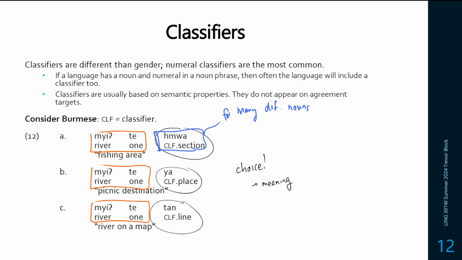Maybe there's some meaning there that the language has, but classifiers don't have to work with every noun if the meaning doesn't make sense, and the nouns aren't picking specific meanings that have to be there. So with agreement and gender, the noun says, I want this particular gender, it has to appear. While with classifiers, they're saying, if I want to refine the meaning, I'm going to need this classifier, but there's no specific classifier that I must include on the word river, which is the noun.